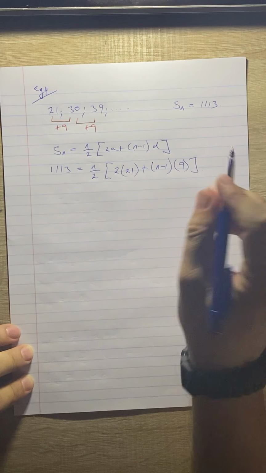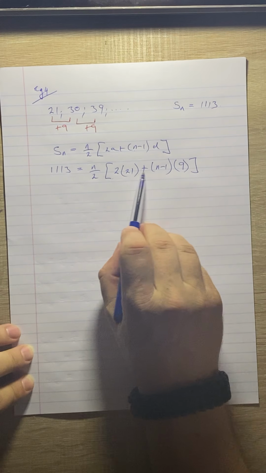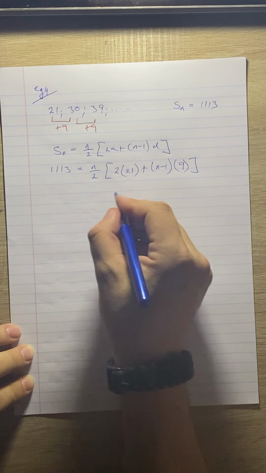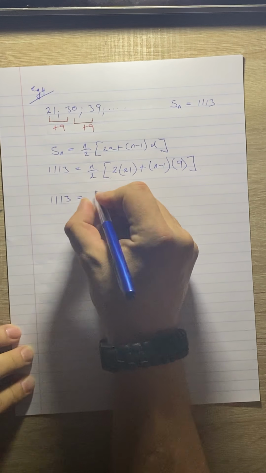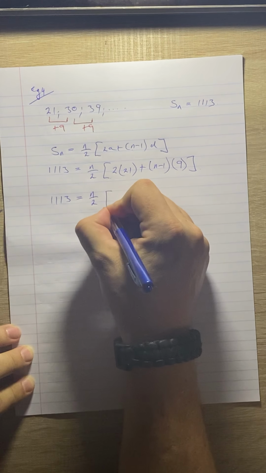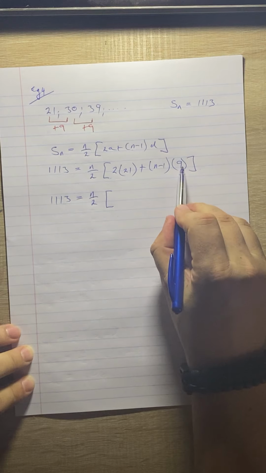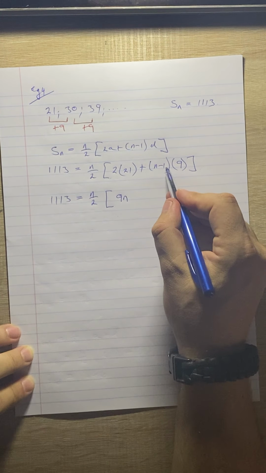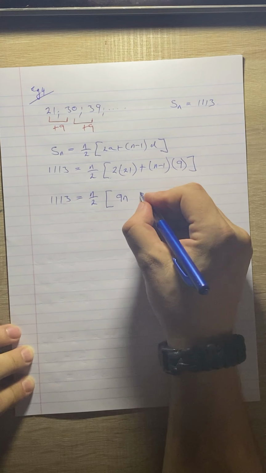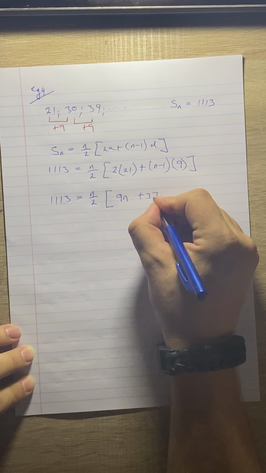What I'm going to do is simplify what's inside this bracket first. That times that will give me 9n. That'll give me minus 9 plus 42, which gives me plus 33.